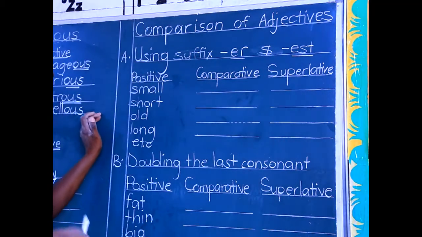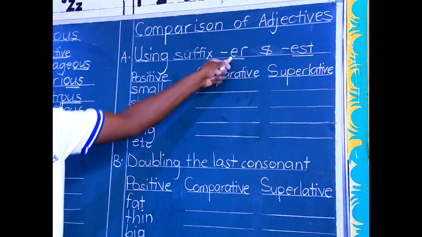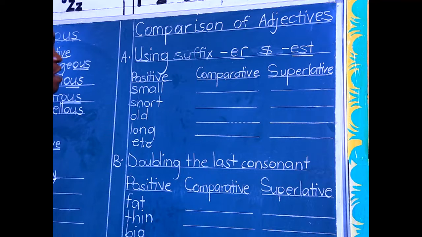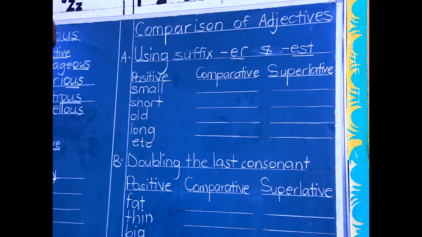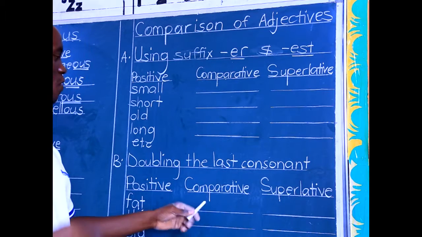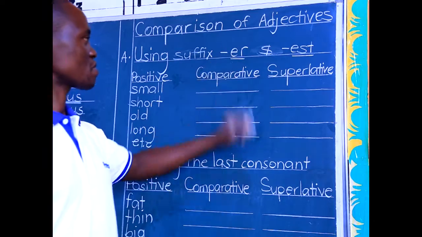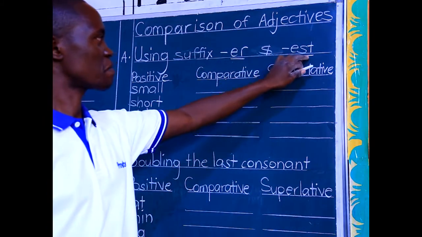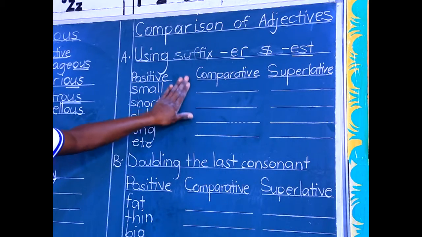So in comparison of adjectives, there are adjectives that add suffix er to form the comparative. Then we have those that add other suffixes or other letters before you add er. Okay, that is about the comparative. Then the superlative, basically think of est, and that's the category we want to look at first.